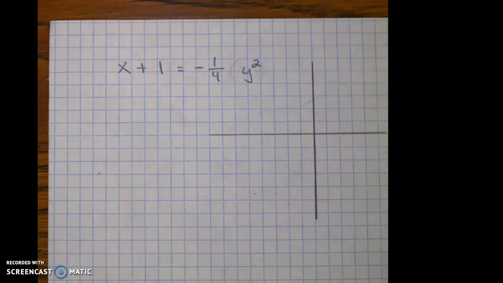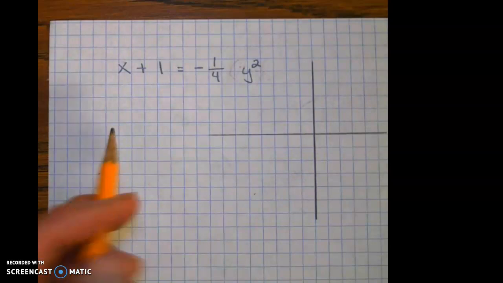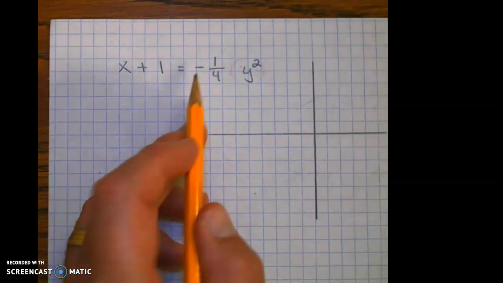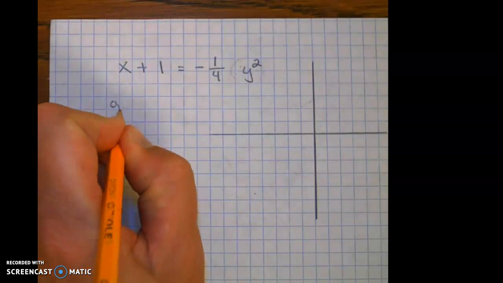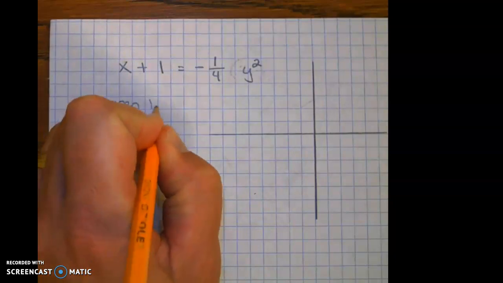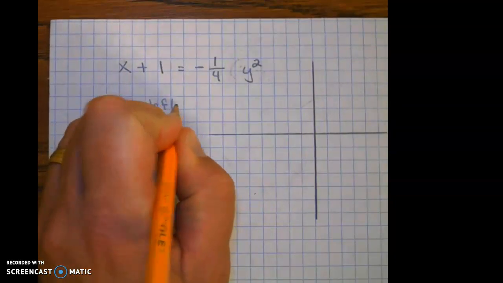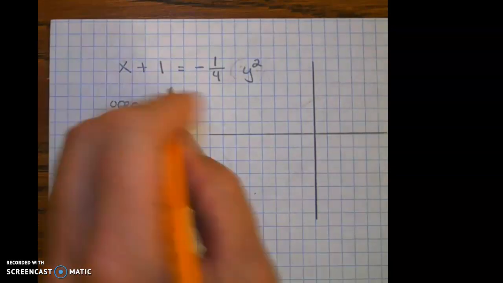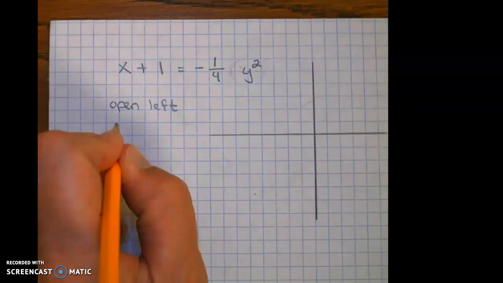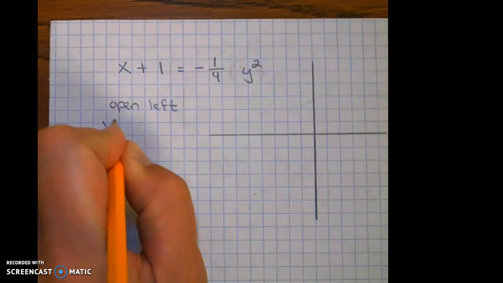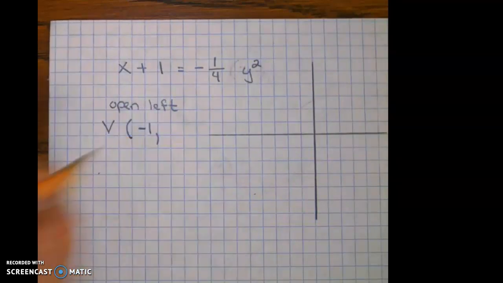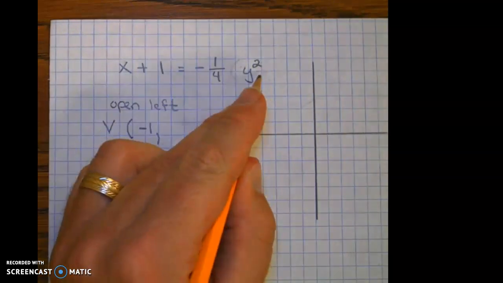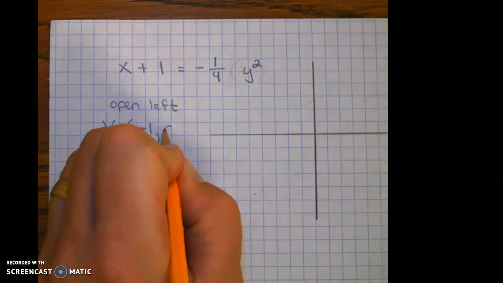Okay, let's quickly look at one more example here. We're going to start off by noticing that our A value is negative, so this parabola is going to open to the left. Second, we're going to get our vertex point. Our vertex is going to be at -1, and the K value is 0.